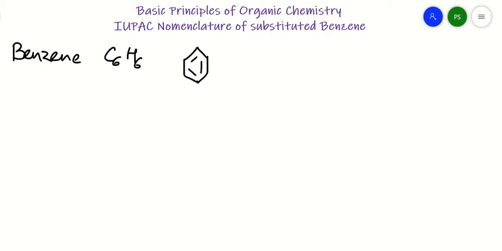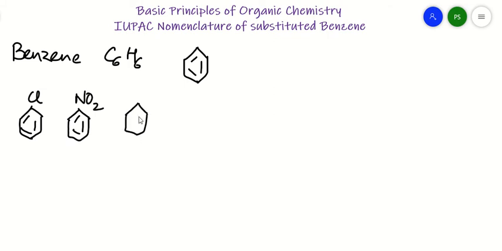Monosubstituted benzene compounds. Let's take examples: one compound where one hydrogen is replaced by Cl, another where one hydrogen is replaced by a nitro group, and another where one hydrogen is replaced by OH.